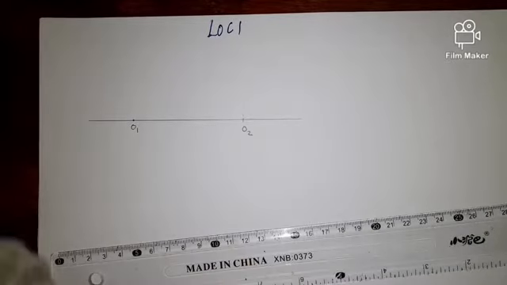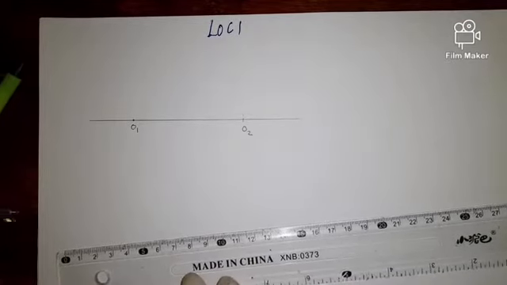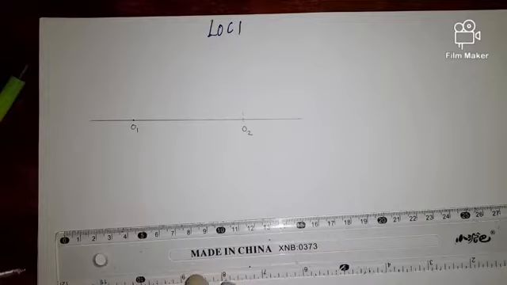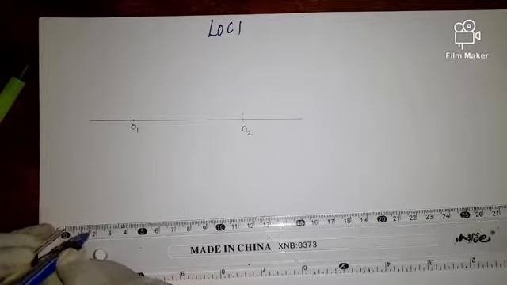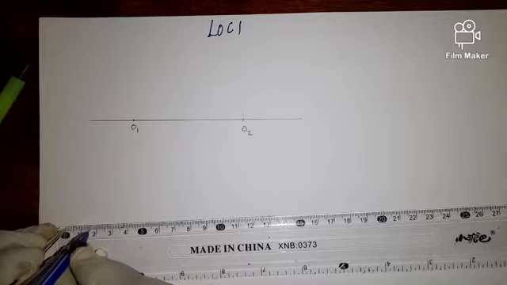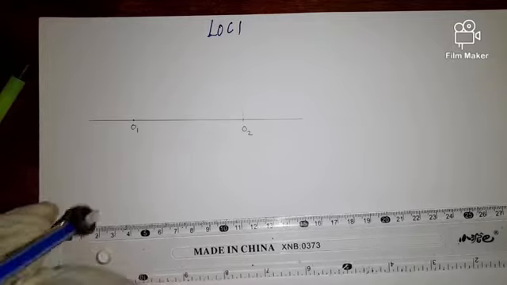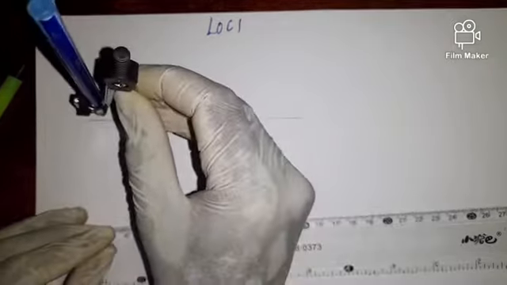Next we draw the circles. The first circle is of radius 16 because the diameter is 32, so we measure 16 as the radius, and we draw our first circle here.